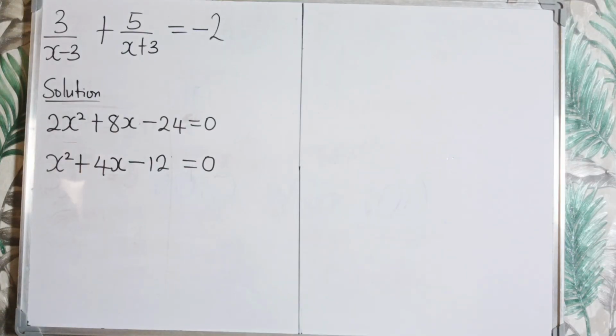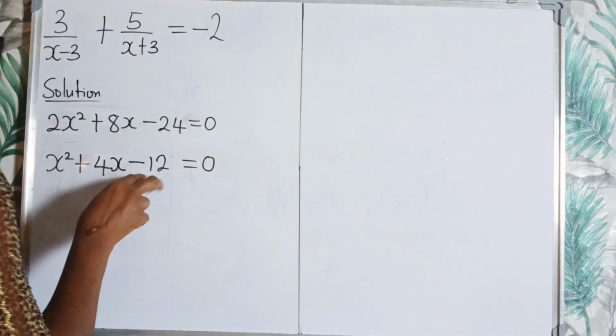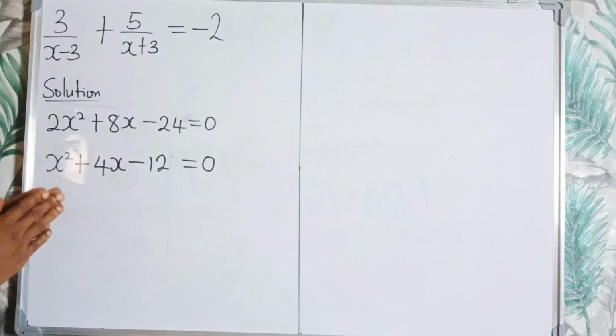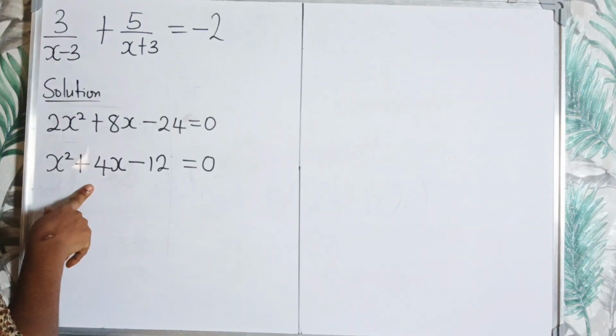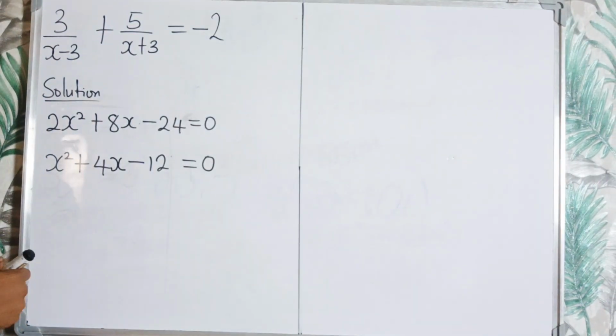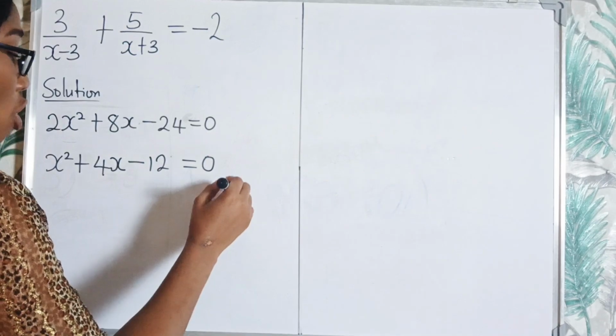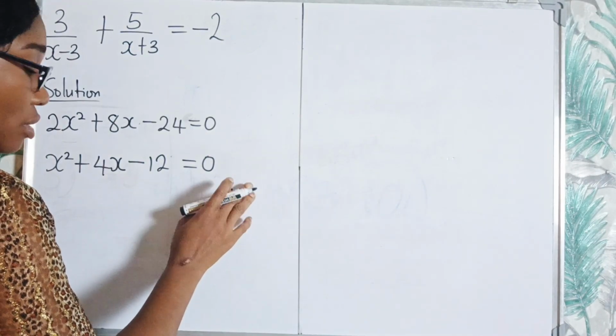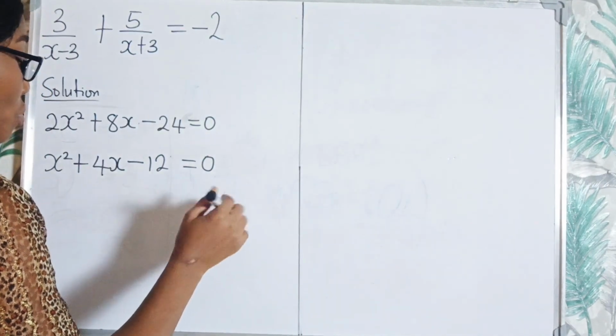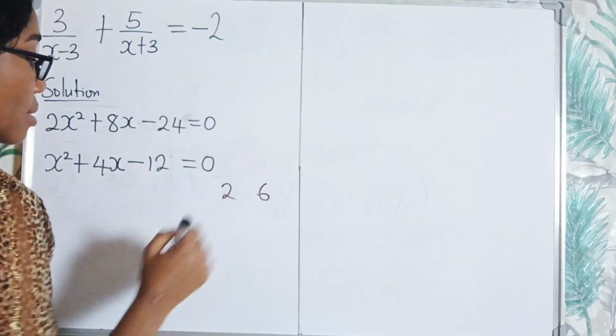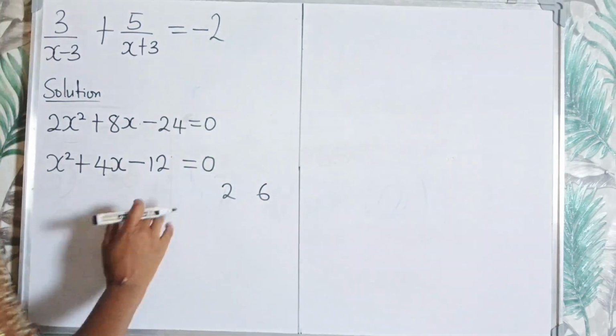Now the next thing to do is to look for two factors such that if you multiply, you're going to have minus 12, and if you add, you're going to have plus 4. And what are the factors? 2 and 6 are factors of 12.